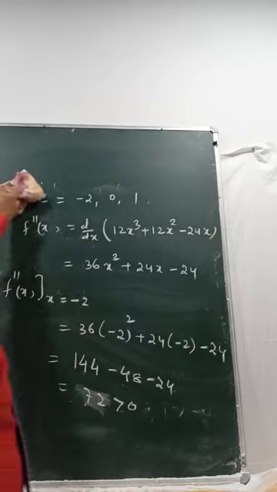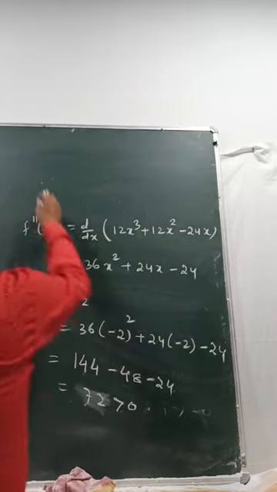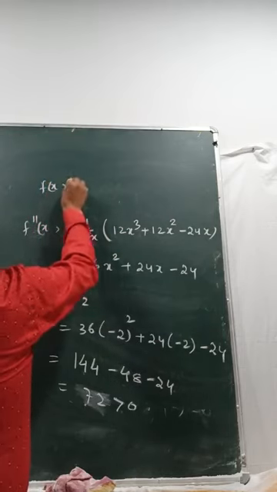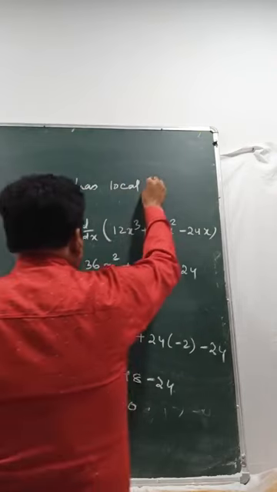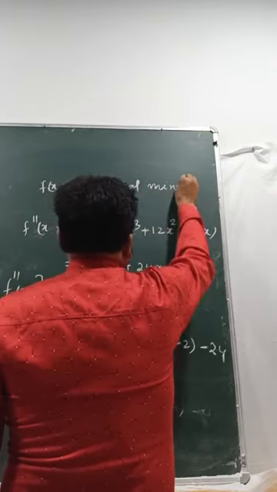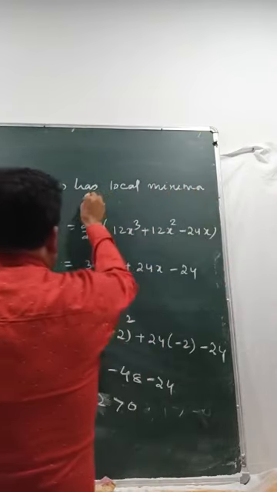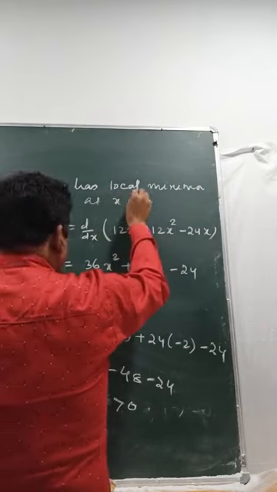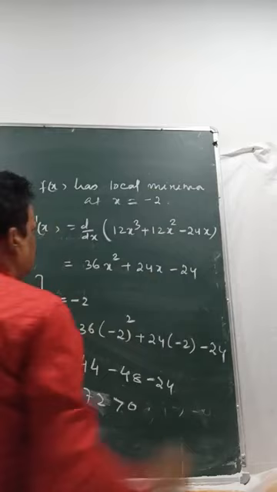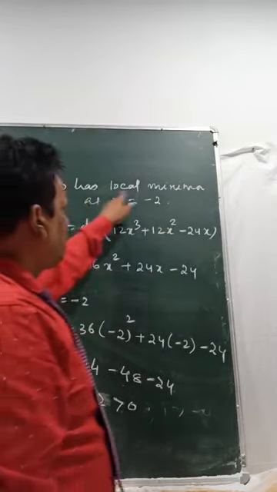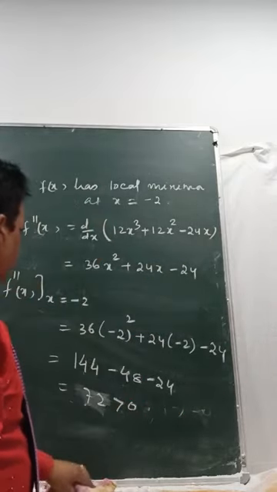So you can write f(x) has a local minima at x equals minus 2. But you are asked to find the local minimum value, so let's put it in the function.